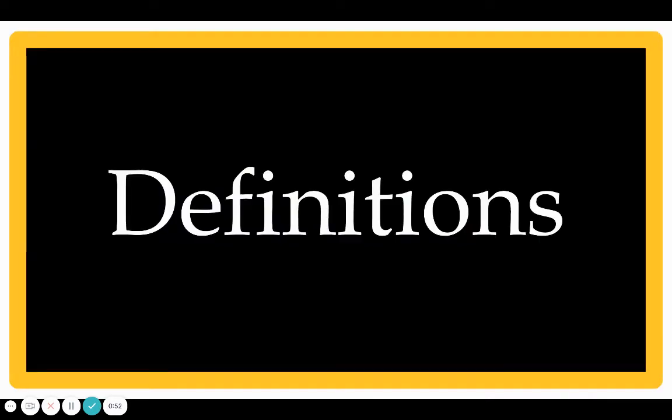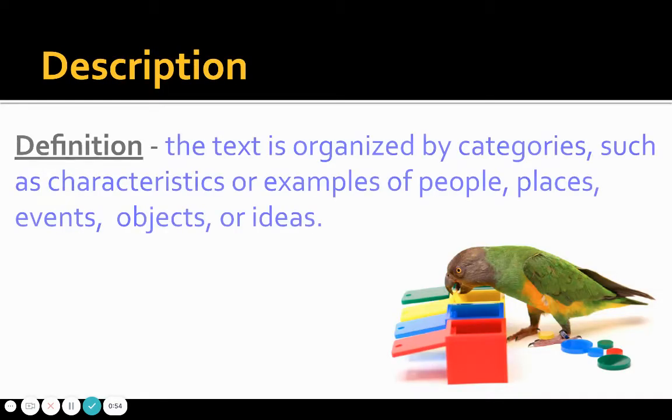So description is our first one, and information is organized by categories. And so as you read, the article moves from describing an event or a person or a place by one characteristic, and then they'll describe a different characteristic of that event, and then they'll describe something else about that event.